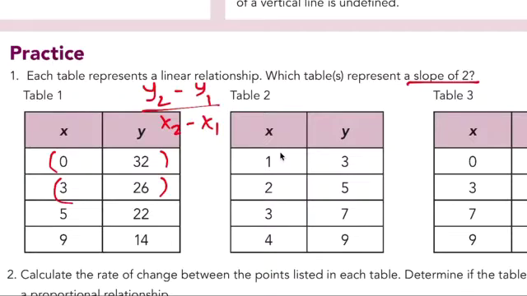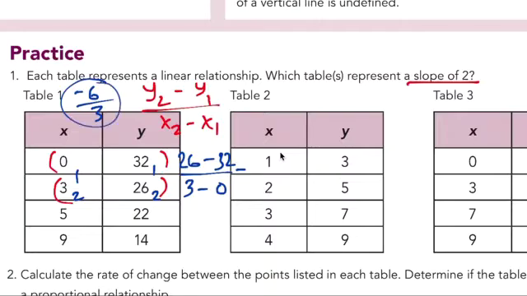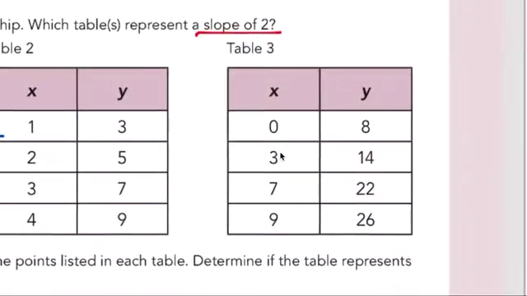Subtracting your y here, 26 minus 32 over, that's sub 2, that's sub 1, that's sub 2, that's sub 1, right? 3 minus 0. I'm going to get a negative slope here, negative 6. I would get negative 6 over 3. That's a negative 2, so that's not it.